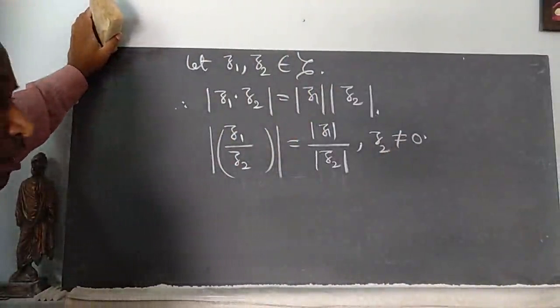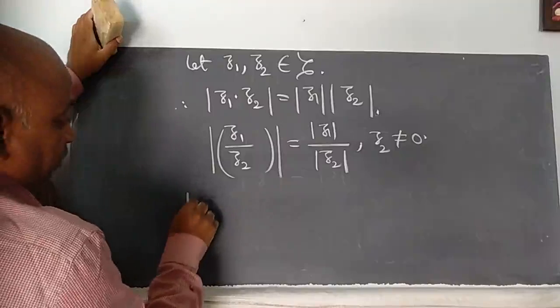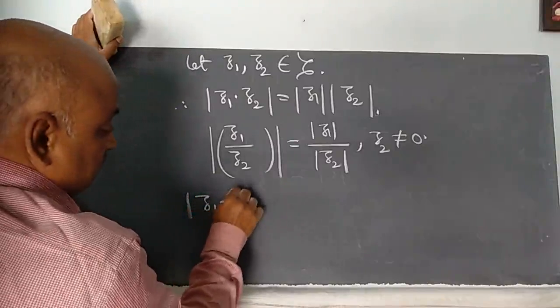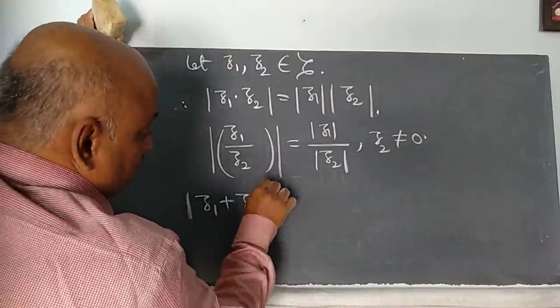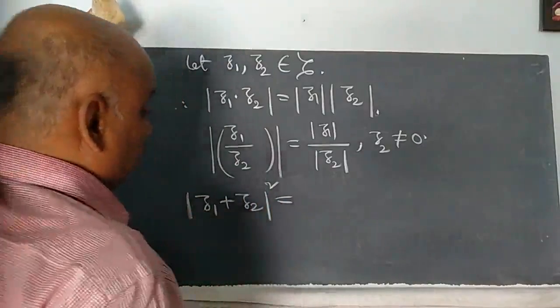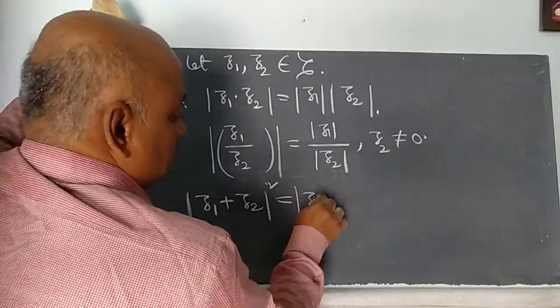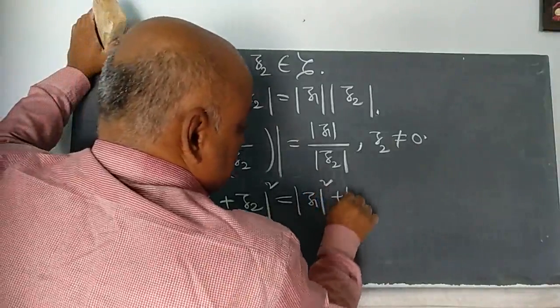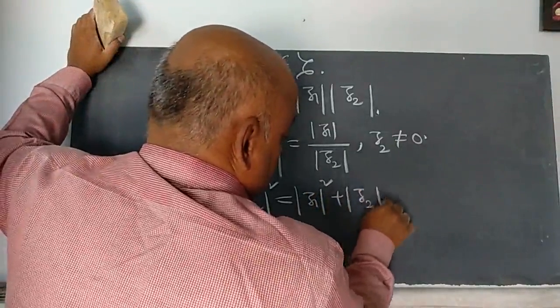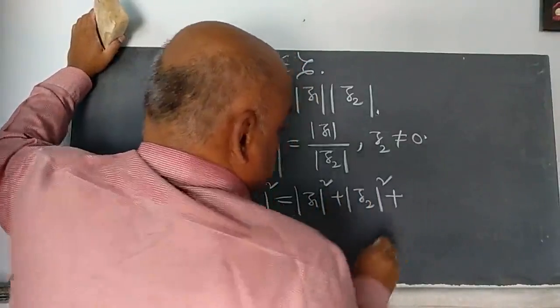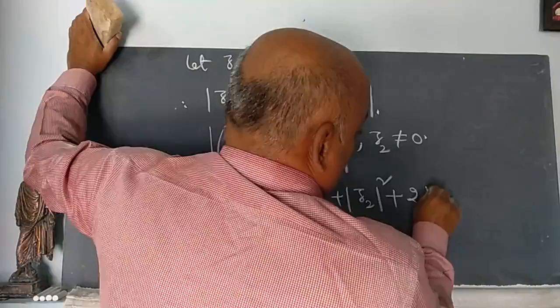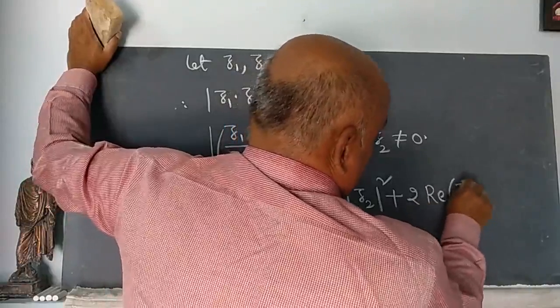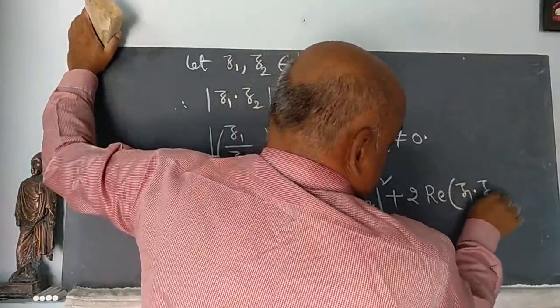Next, mod z1 plus z2 whole square is equal to mod z1 square plus mod z2 square plus 2 into real part of z1 z2 bar.